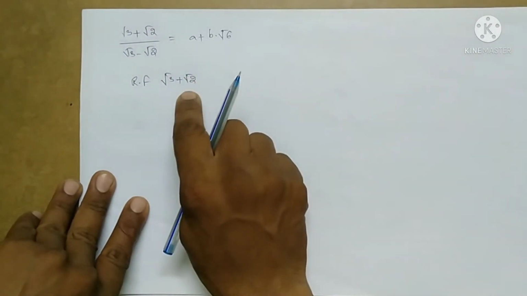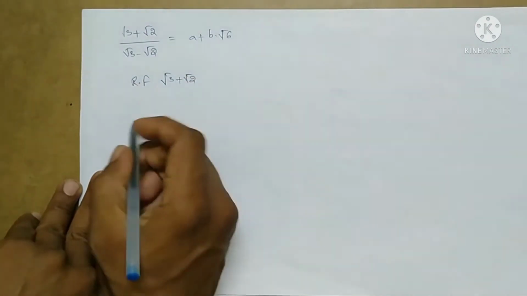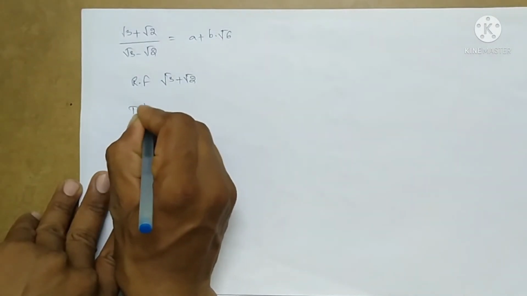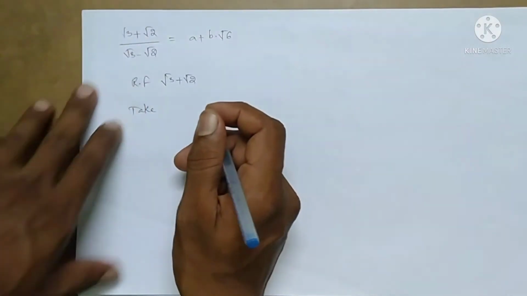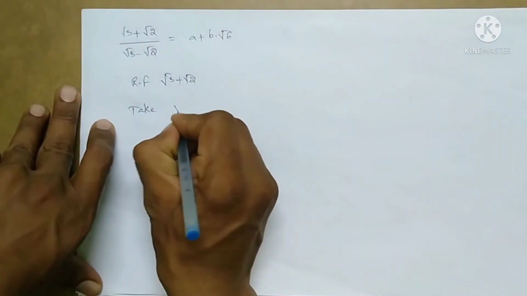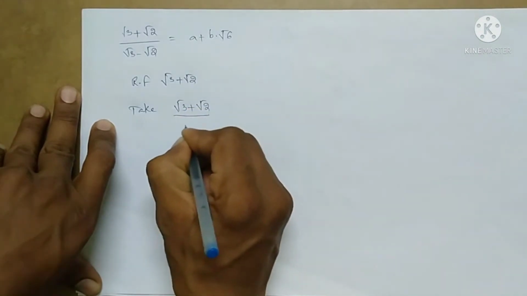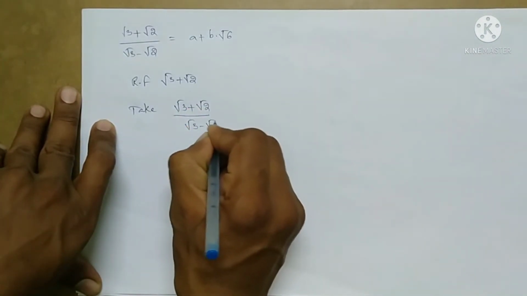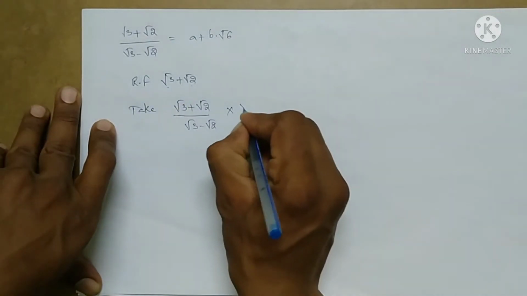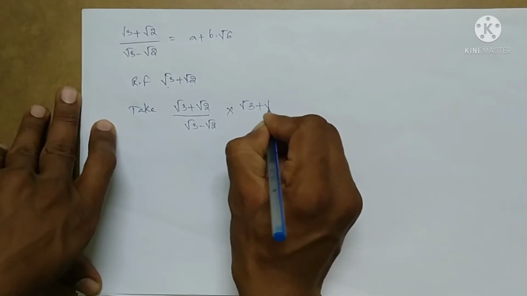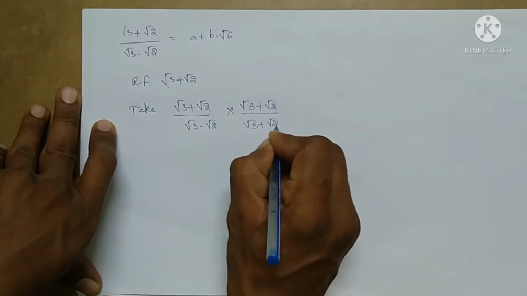So we have to multiply numerator and denominator with root 3 plus root 2. So take the LHS side. So here LHS: root 3 plus root 2 by root 3 minus root 2 into root 3 plus root 2 by root 3 plus root 2.